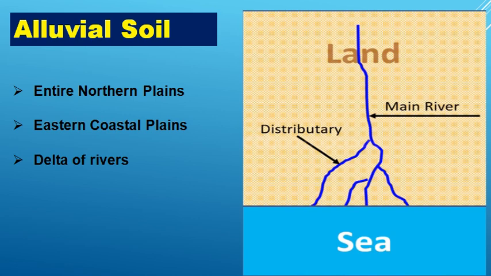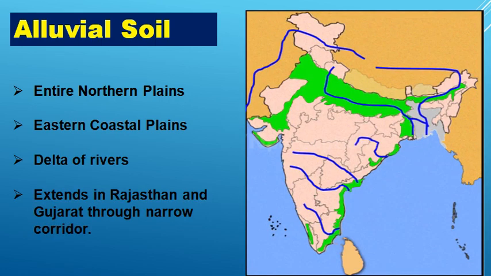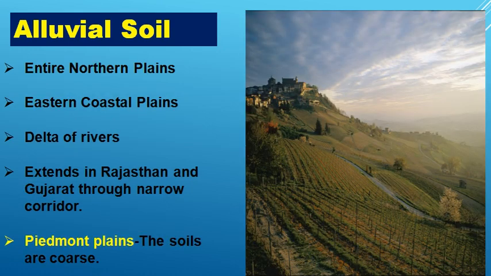Here the rivers divide into distributaries, and the land between the distributaries is known as delta. So these are the regions where it is found. Apart from that, there is a thin corridor which connects Rajasthan and Gujarat. So some parts of Gujarat and Rajasthan also have alluvial soil.